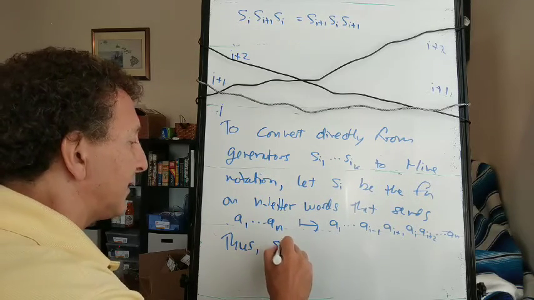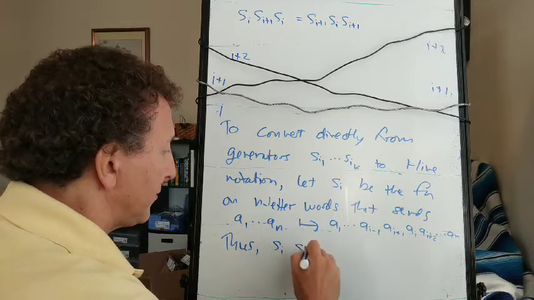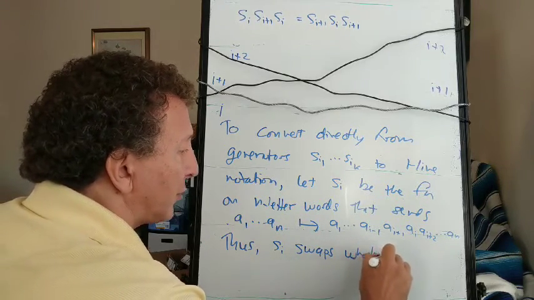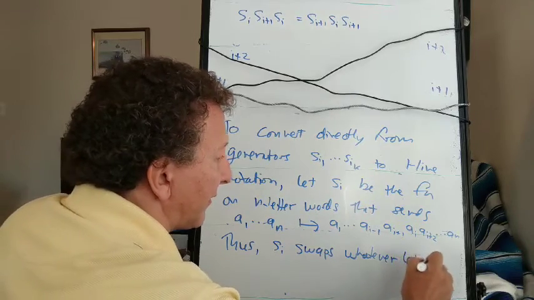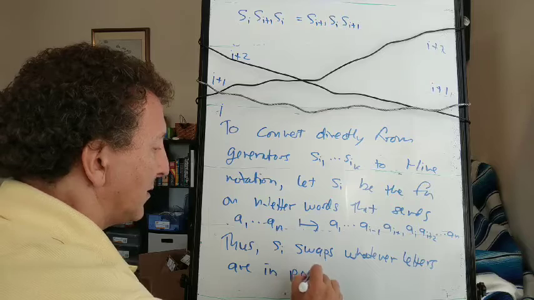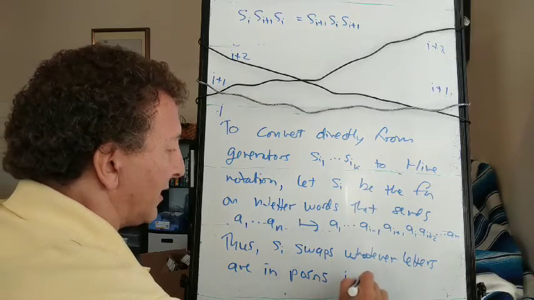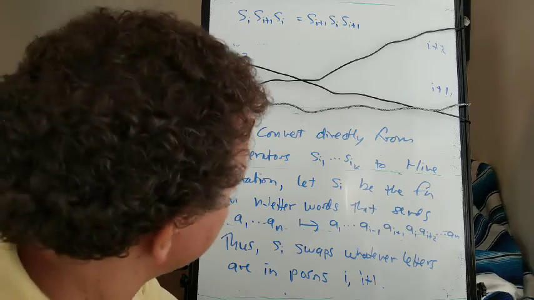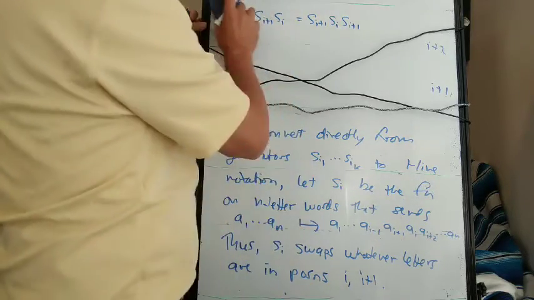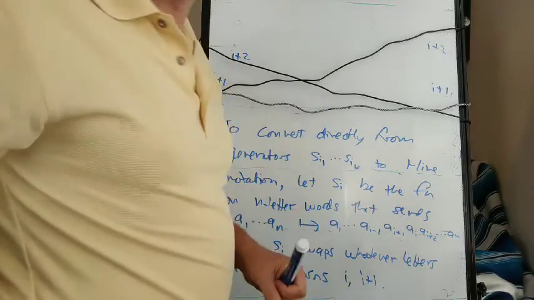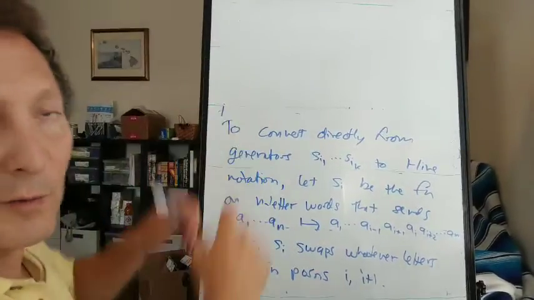So that is, s_i swaps whatever letters are in positions i and i plus 1 of a word. All right, I got rid of the wires.